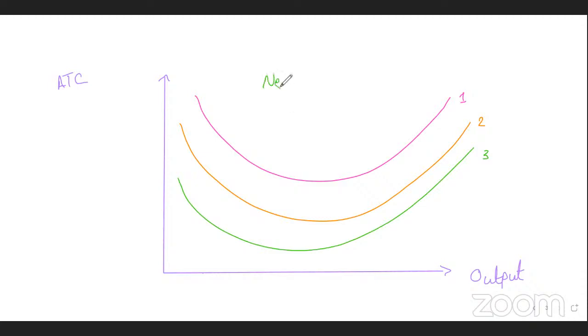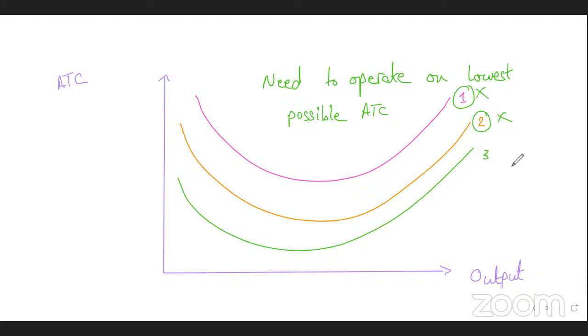Need to operate on lowest possible ATC curve for a business to be productively efficient. Lowest possible, students, are you following this? Okay. Now, if these are the three possible options for a firm, and if it's operating on ATC1 or ATC2, right? So these two curves are not productively efficient, but ATC3 is productively efficient, right?